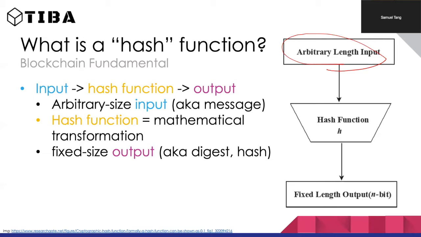Some people also call the input a message. And the output is always the same size, regardless of the size of the input. Some people call the output a digest or hash, basically the same thing.